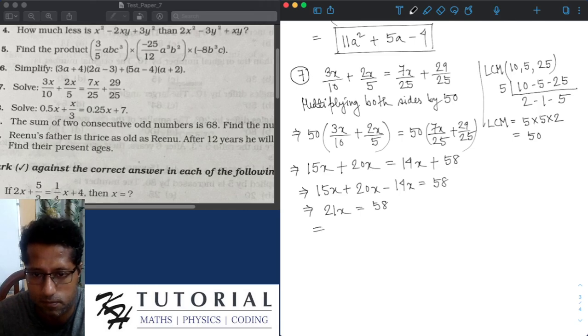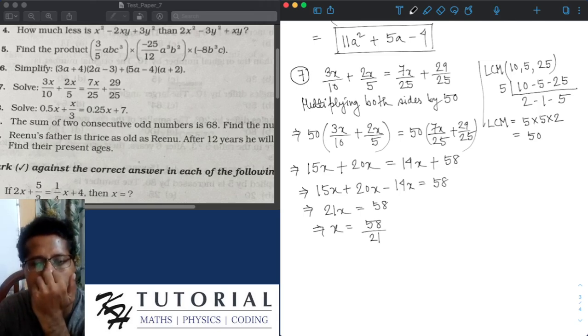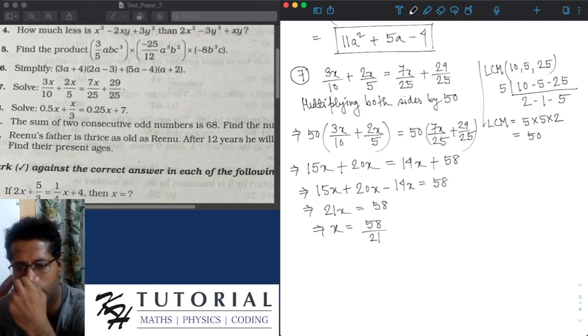So we got 21x equals 58. This implies x equals 58 by 21, and we cannot reduce it further.